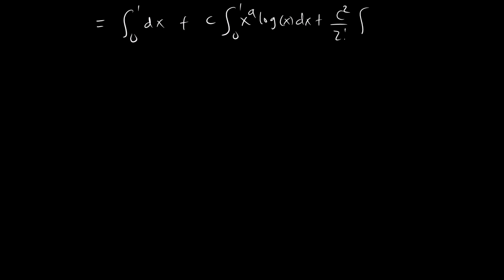And so previously we saw that our problem had become this interesting series. Let's pull c out: the integral from 0 to 1 of x a log of x, plus c squared over 2 factorial integral from 0 to 1 of x 2a log x, and so on and so on.